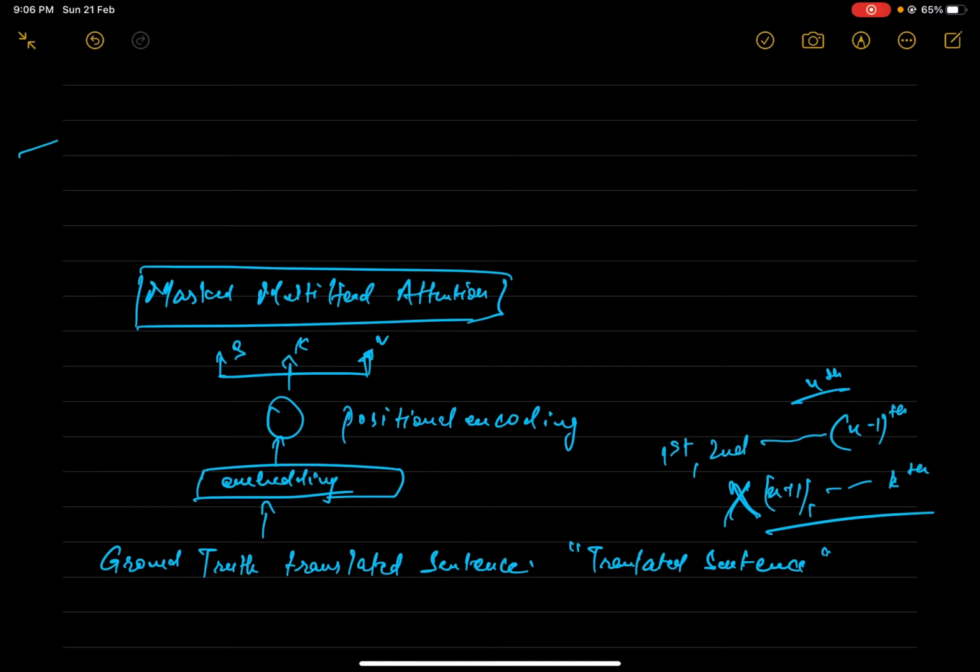So technically you might have a question over here, that is, masking technically means you are probably feeding the first word, then the first and second word, then the first, second, and third word. So basically the complexity becomes O of n, but I would say no, it does not. I'm explicitly saying this, we do not explicitly separate the inputs. We use a masking function, which is a simple matrix addition.